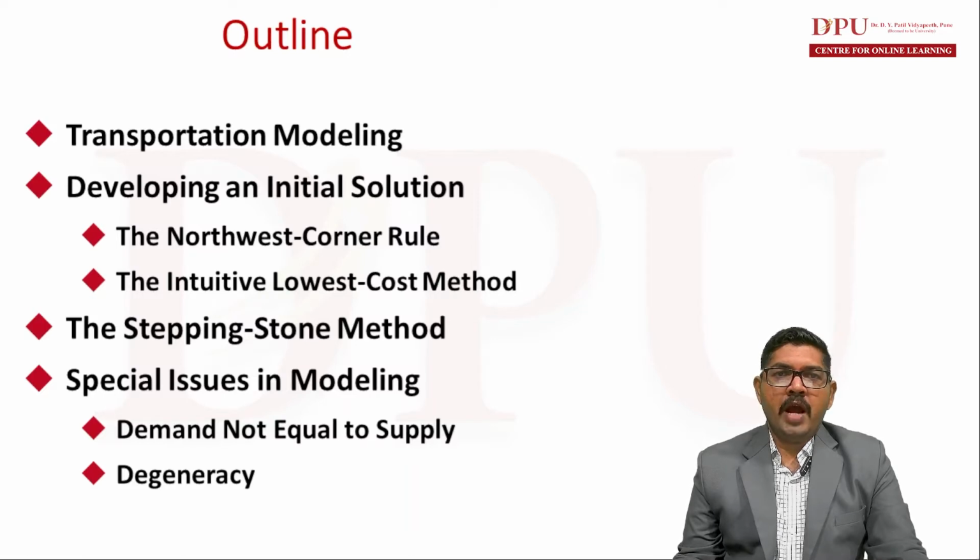Then we have the stepping stone method in order to modify the initial solution to obtain the optimal solution. Then we will be learning special issues in modeling such as demand not equal to supply. Such problems are called unbalanced transportation problems, and there can be situations of degeneracies as well.